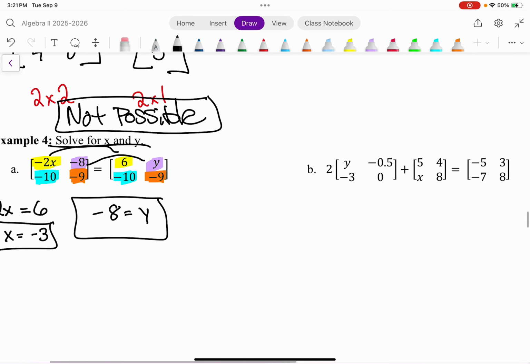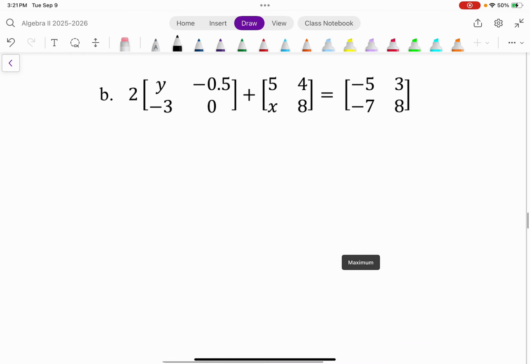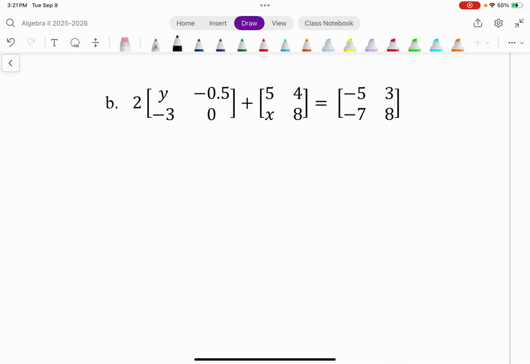Okay, so some of them are going to be very straightforward, like that problem. Other ones are going to have a few more parts to it. With problems like this, if there is a scalar in front of either of the matrices, I would recommend getting rid of that first. So do your scalar multiplication before we try to figure out what's equal to each other.